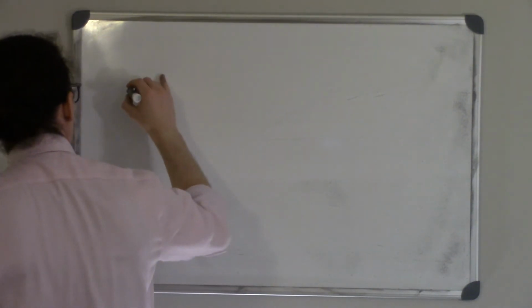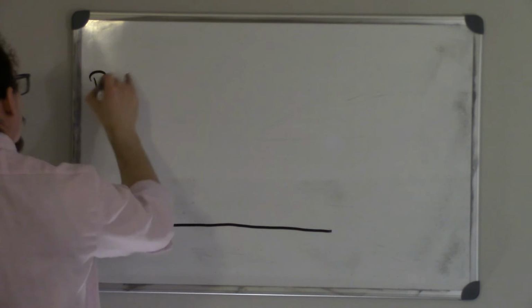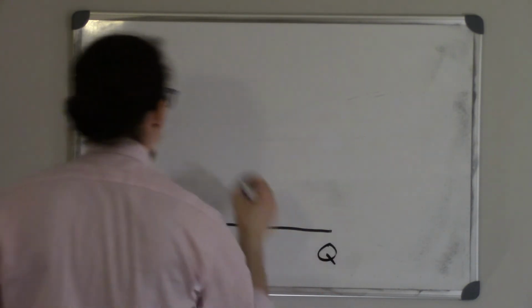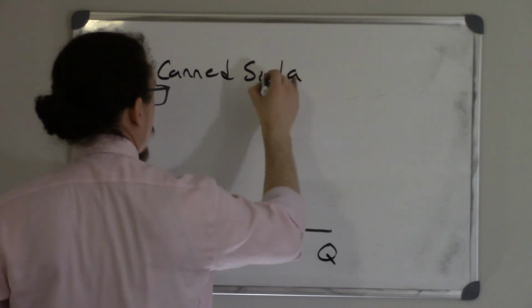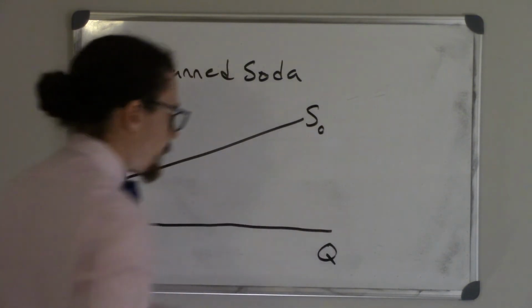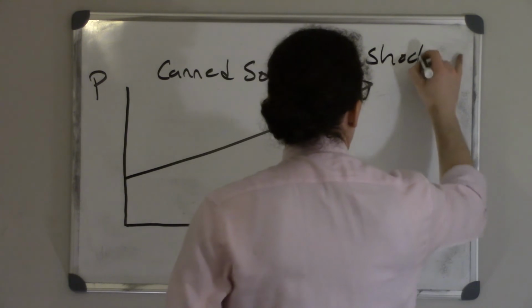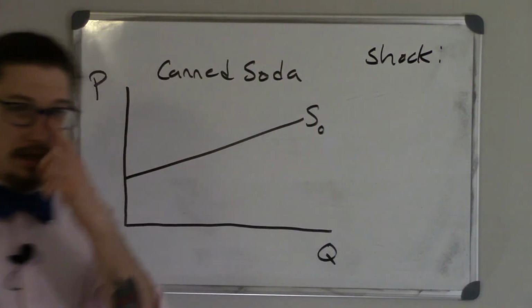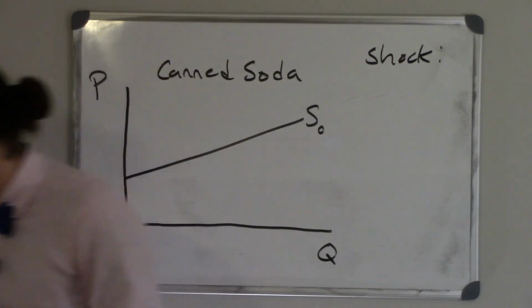But let's quickly look at an example. We'll just go back to canned soda because it doesn't really matter what we're looking at for this one, I'll be honest. Actually, let's change that.